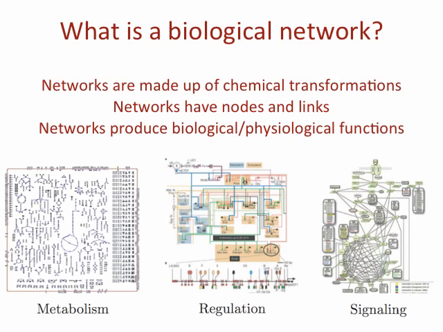Networks in general, all networks, are comprised of what we think of as nodes and links. So nodes are linked together. In the networks we will look at, the nodes are chemical compounds, and the links between these compounds are chemical transformations.